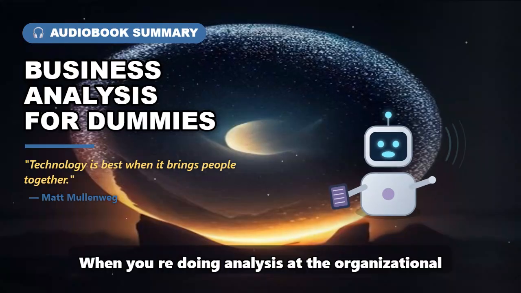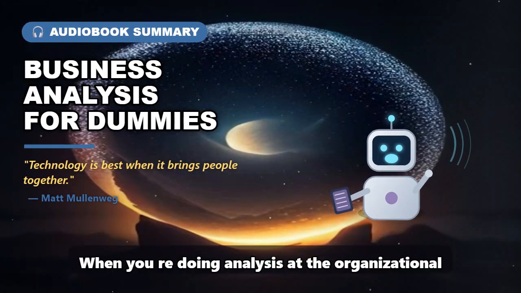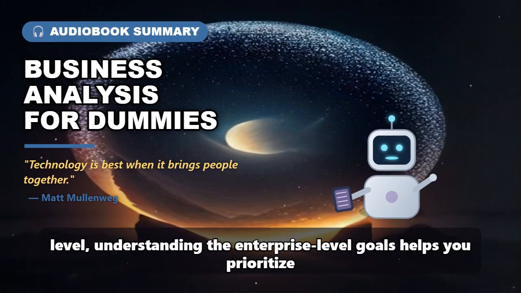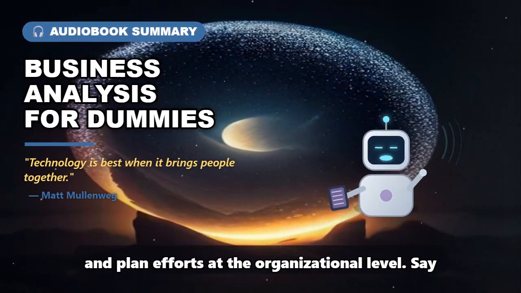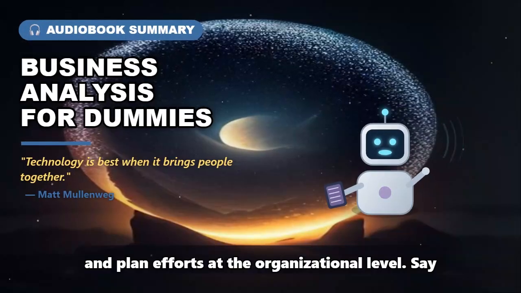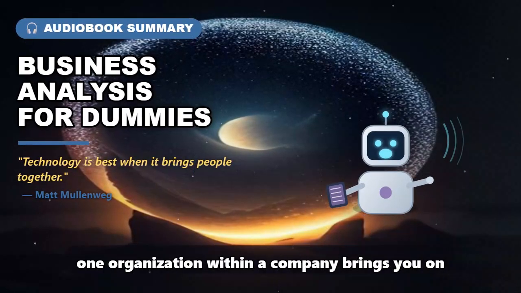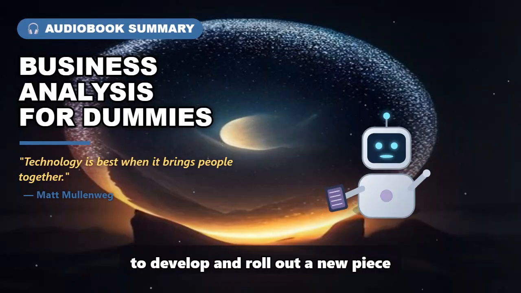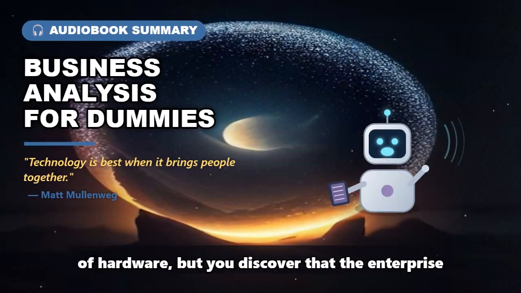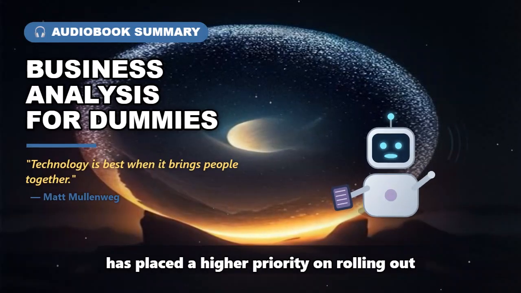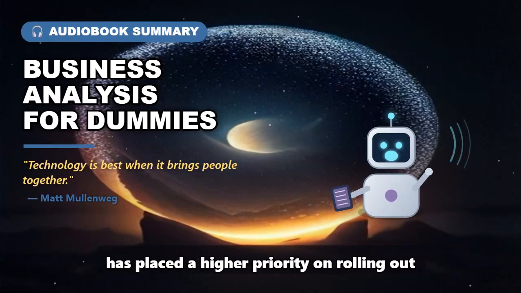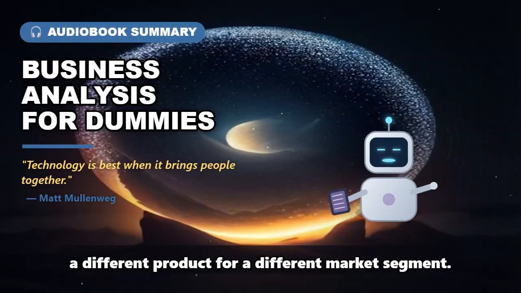When you're doing analysis at the organizational level, understanding the enterprise-level goals helps you prioritize and plan efforts at the organizational level. Say one organization within a company brings you on to develop and roll out a new piece of hardware, but you discover that the enterprise has placed a higher priority on rolling out a different product for a different market segment.